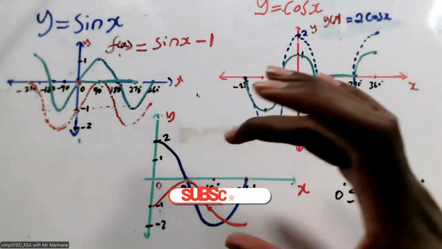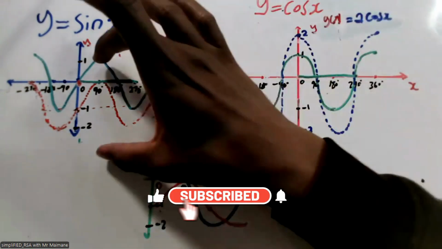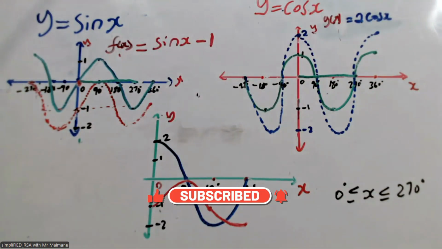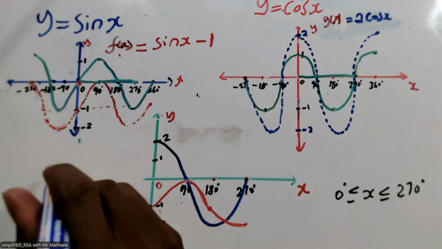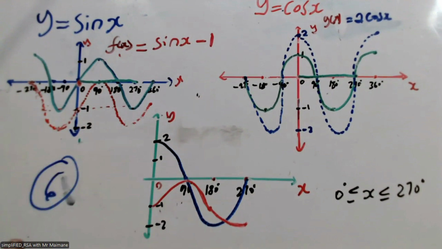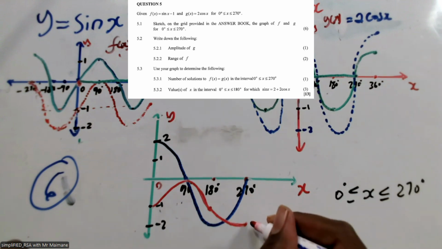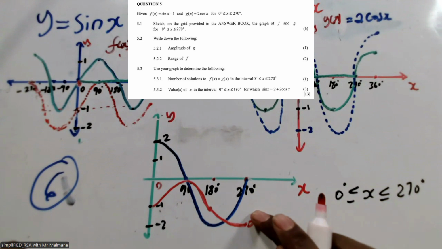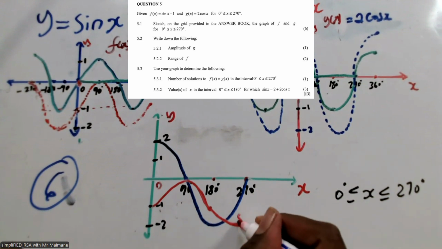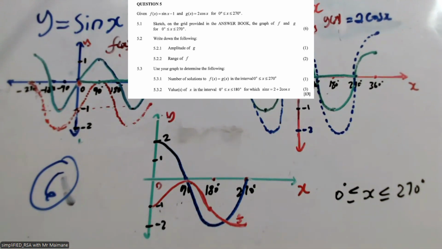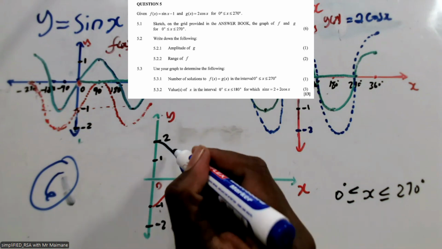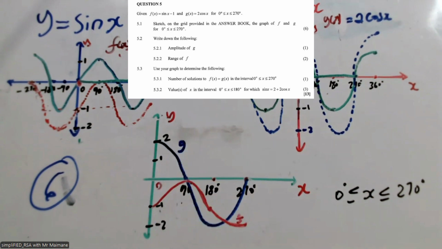By showing this, moving from here to here, is where you collect all your 6 marks, because you have shown the graph of f and the graph of g for the interval 0 to 270.